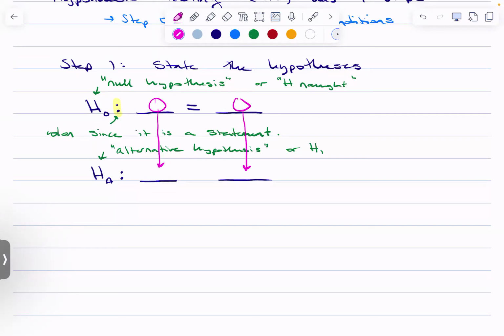Whatever it is I'm hypothesizing about, my alternative has to be about the same thing. Right? So these values must be the same. Values in H naught and HA must be the same.